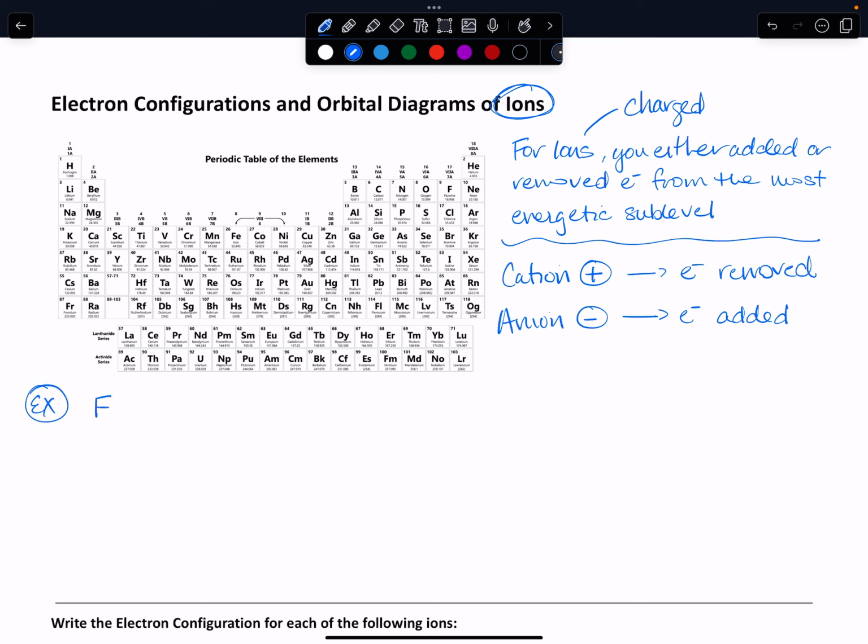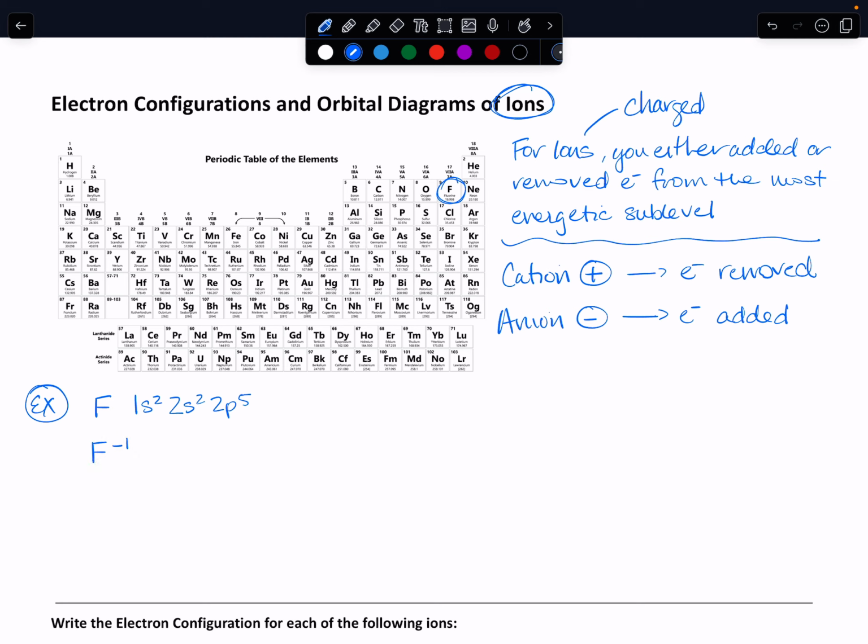Let's look at fluorine's neutral electron configuration. We start at the beginning of the table, and it's 1s2, keep moving, 2s2, move across 2p, we count over 5, so that will be our electron configuration for fluorine. Now, fluorine as a halogen likes to form -1 ions, so what would the configuration look like for a -1 ion?